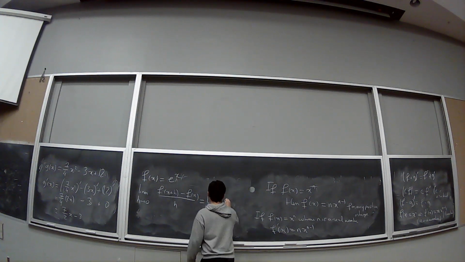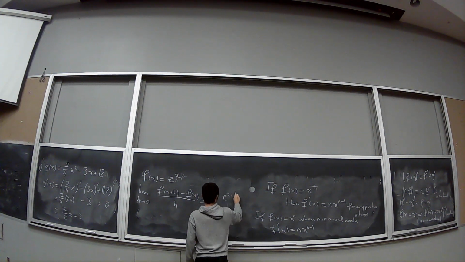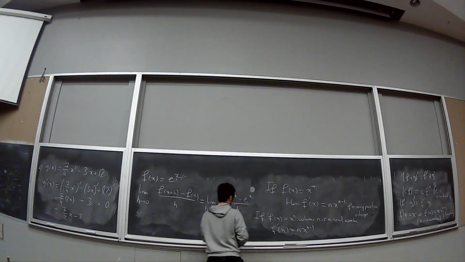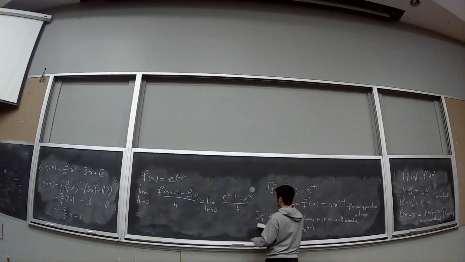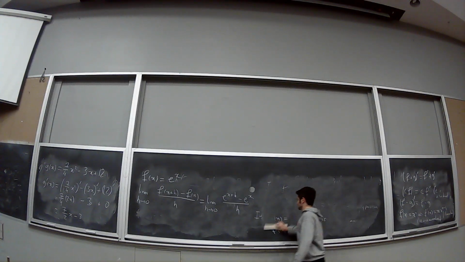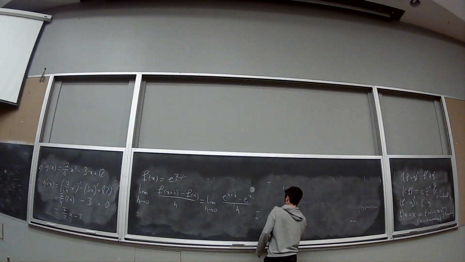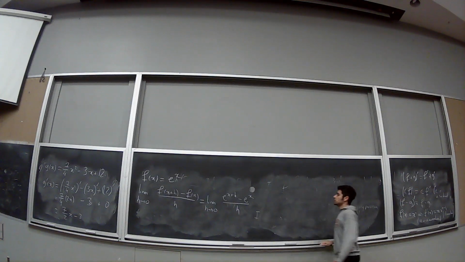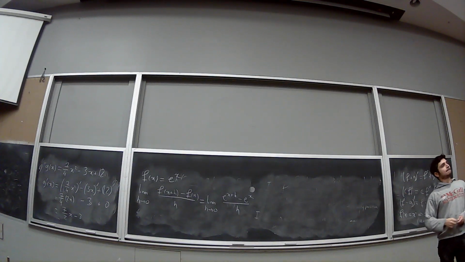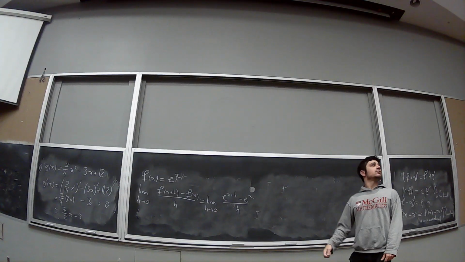What is that equal to? This is just e to the x plus h minus e to the x over h. Now, what do you suggest doing here? What do I know about e to the a plus b?